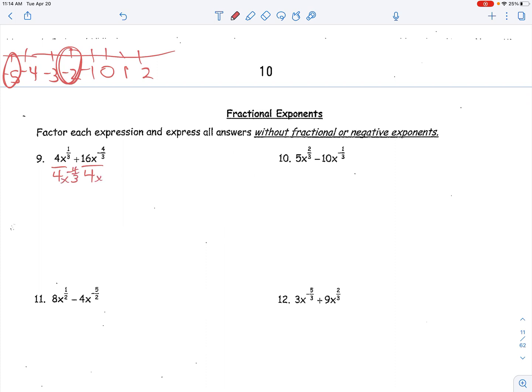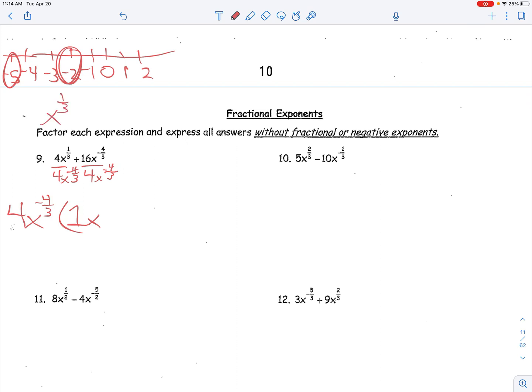The smaller of the two, right, is negative 4/3. 4x to the power of negative 4/3 is your GCF. And let's go and get the remaining factor now, right? 4 divided by 4 is 1x now.